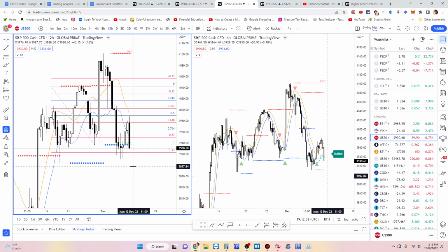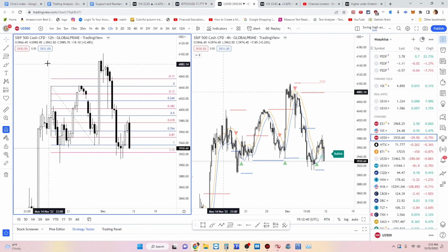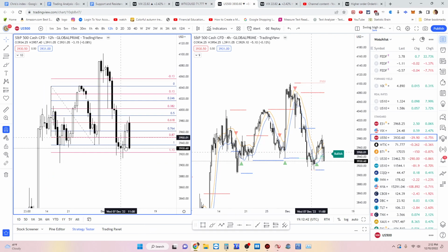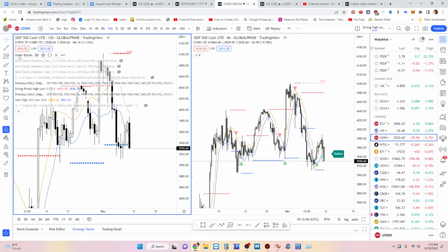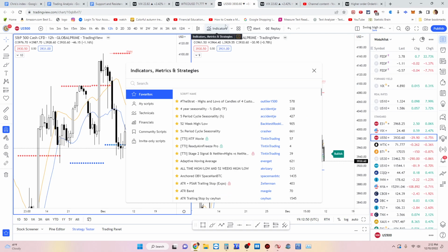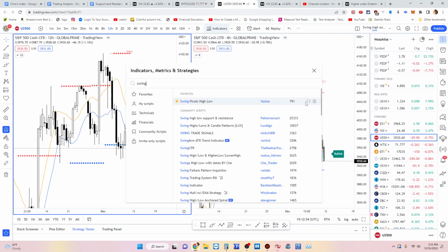and when you're making these fibs, or the pitchfork. The pitchfork is very similar. I removed the indicators, so I'm going to put the indicators here, the swing high and swing low indicator. And there's many indicators.